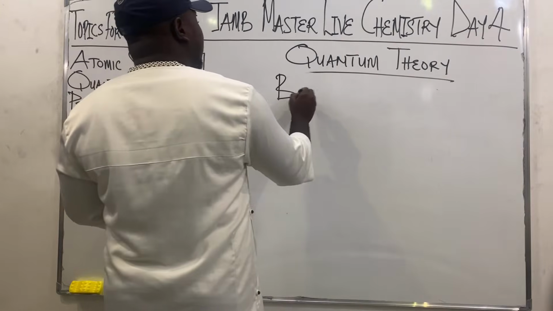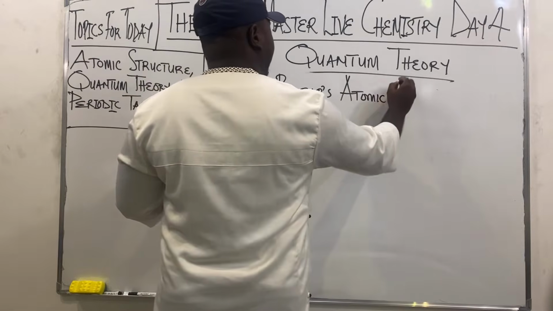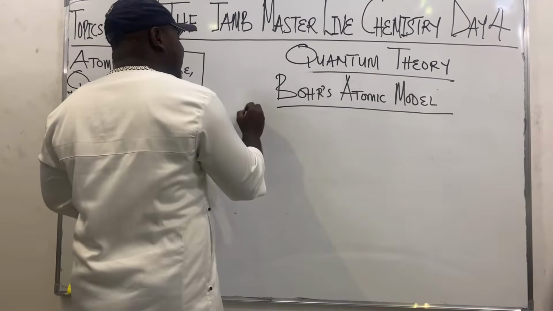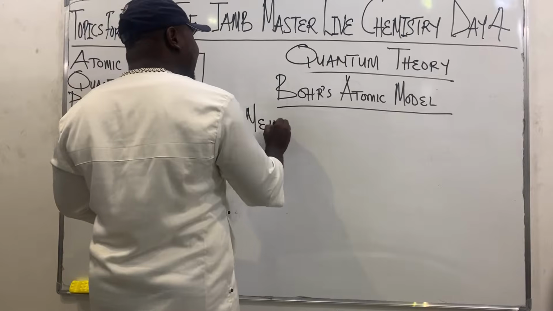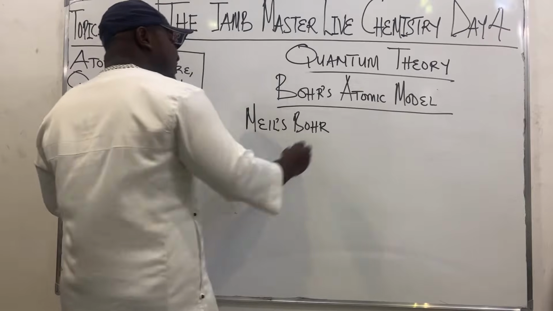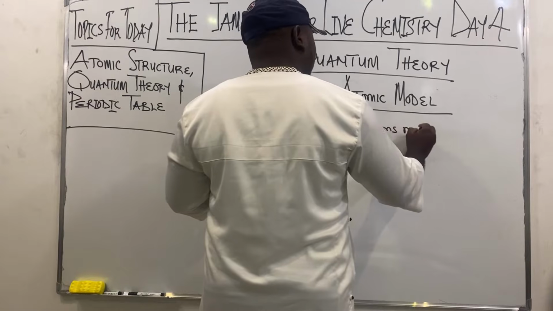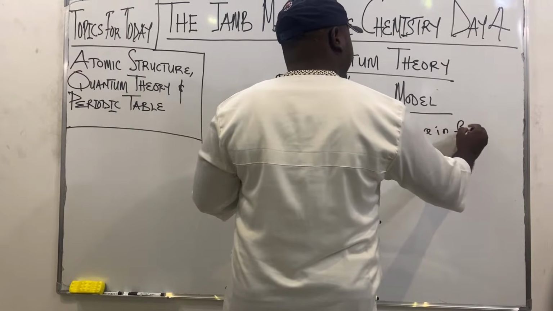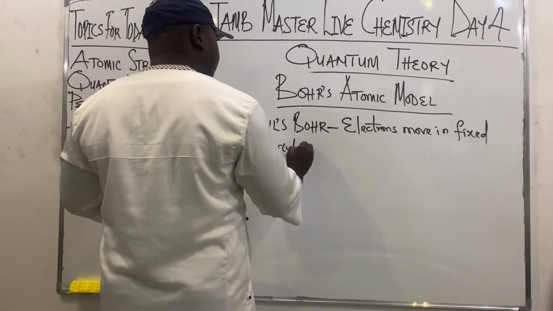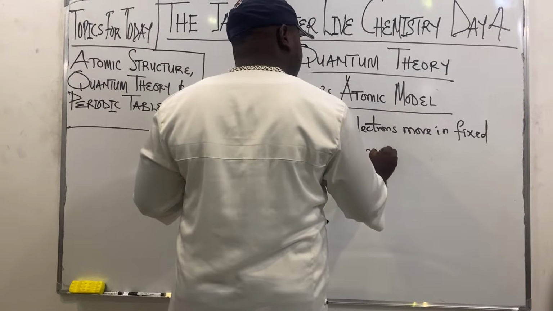Let's look at Bohr's atomic model. Class, this was proposed by a scientist known as Niels Bohr. And he said that electrons move in fixed circular orbits around the nucleus.